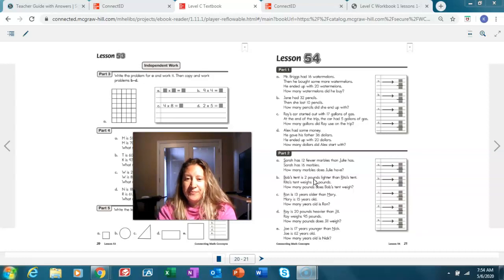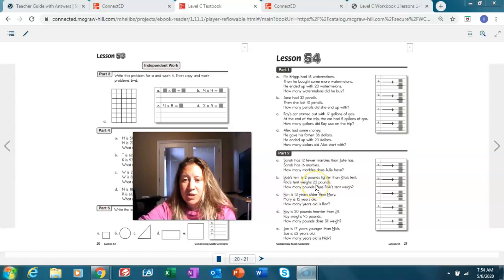Reread without the 2. Bob's tent is lighter. So is B the big or the small? B is the small number. And then the big number would be R. Let's look back in the story and replace either the B or the R. And it tells us about R, doesn't it?